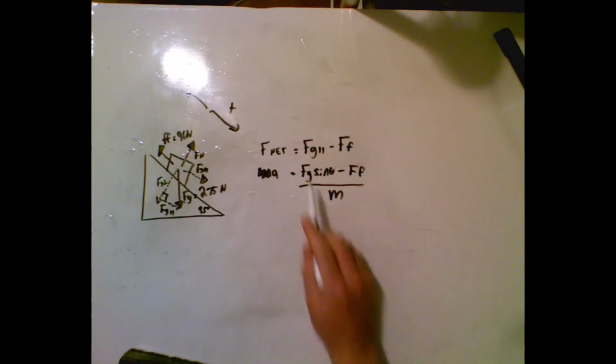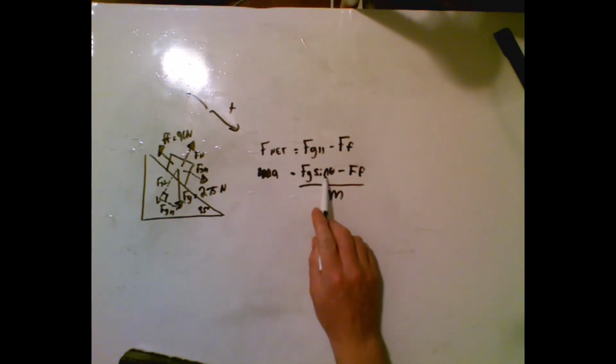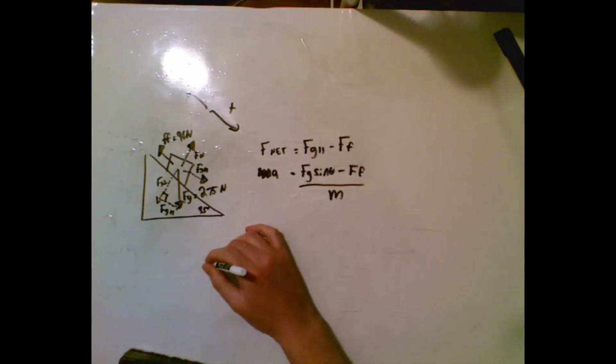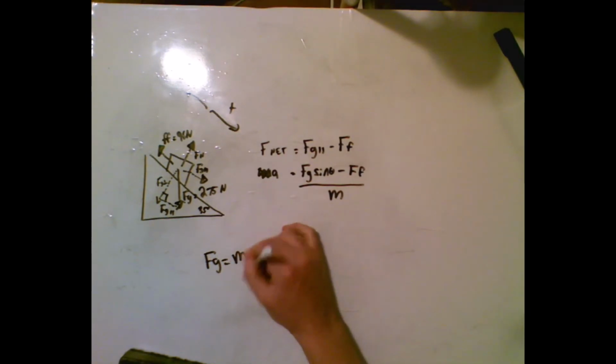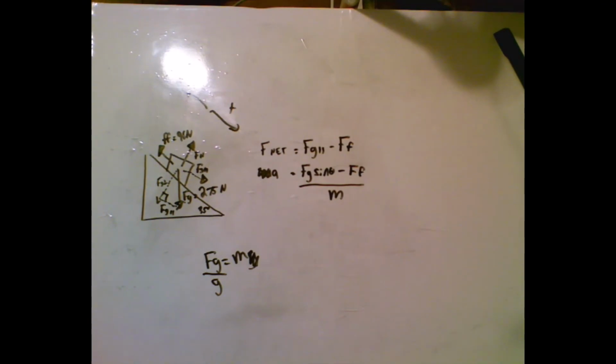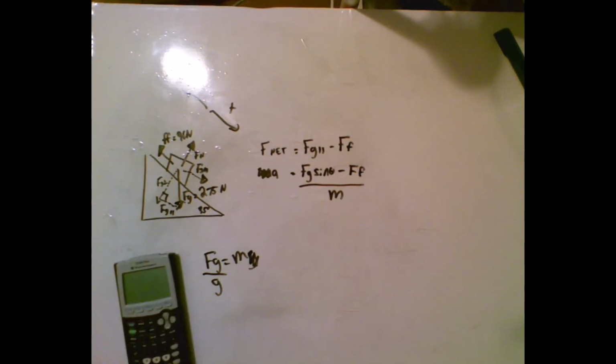We know force of gravity, 275. We know our angle, we know our force of friction, we just don't know our mass. But our mass is always easy to find if we have a weight. To find our mass, we go Fg equals mg, so Fg divided by g is going to be our mass. If I go 275 divided by 9.81, I end up getting 28.0326 kilograms.